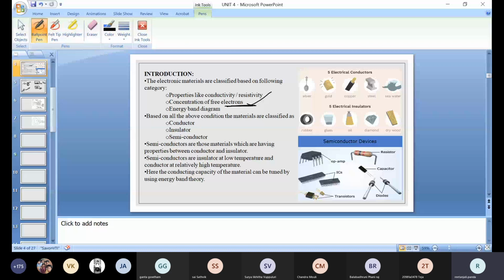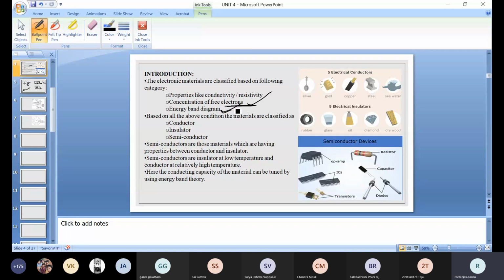If the concentration is low, then it is a conductor, but with a low conductivity value. Similarly, if there is no free electron, then it is an insulator. Similarly comes the energy band. Based upon this concentration, the presence of free electrons is going to decide the energy band theory.